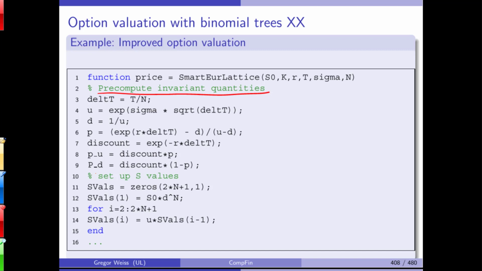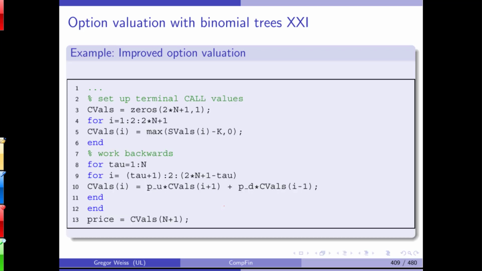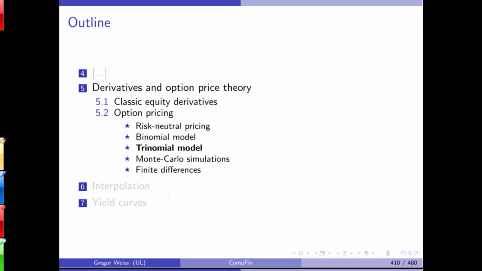And then, as you can see here, we have the vector for the outcomes of the stock price. We set up the terminal values for the call, and again we have this recursion. We work ourselves backwards through the vector, and then we have the price here. Except that the program should be faster and should use less memory, it's the same. So don't expect any different result here.